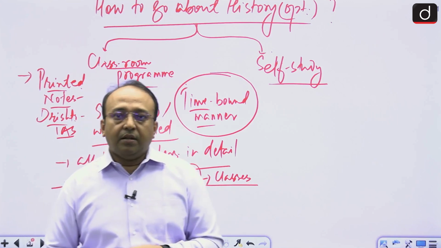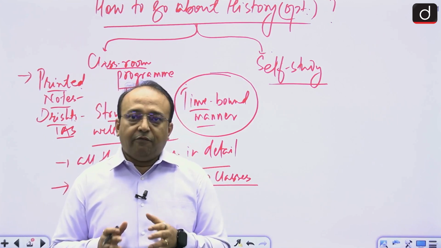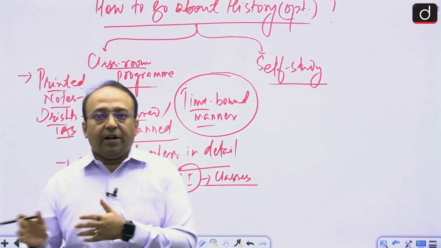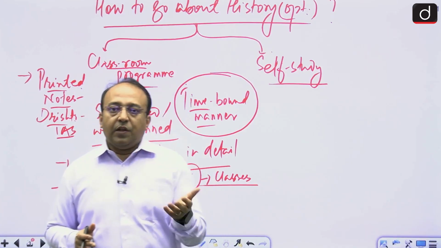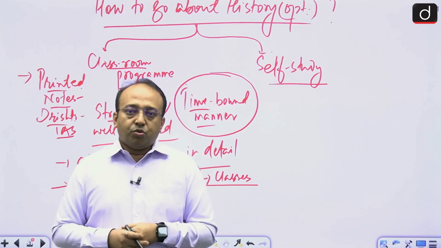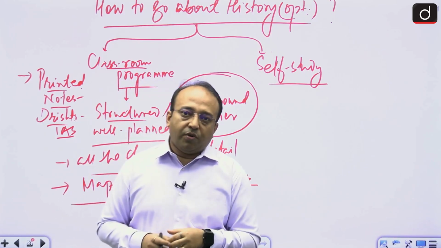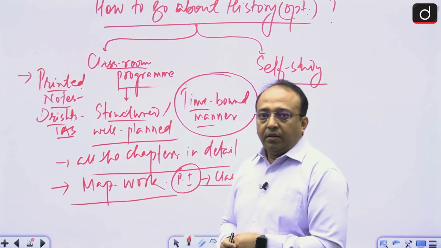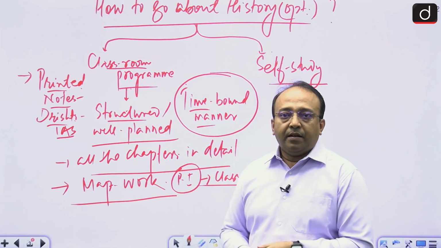Obviously, that is a very important challenge for any teacher who teaches history. Therefore, as I said, 4.5 months would be sufficient to complete the history syllabus in a time bound manner.